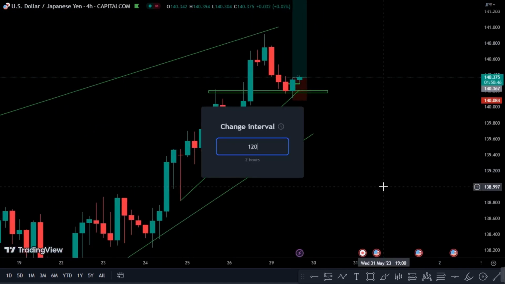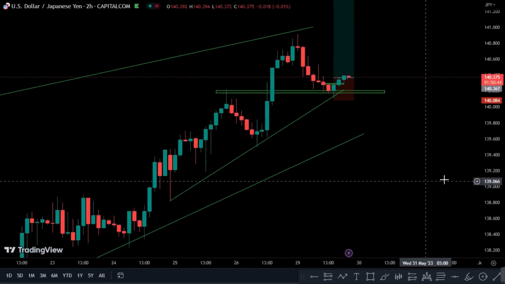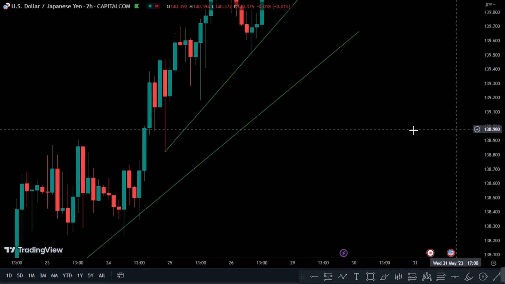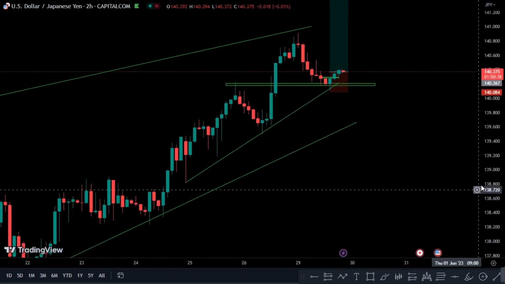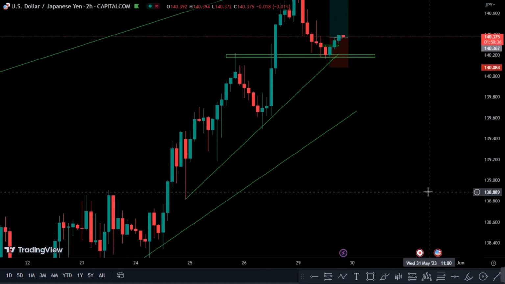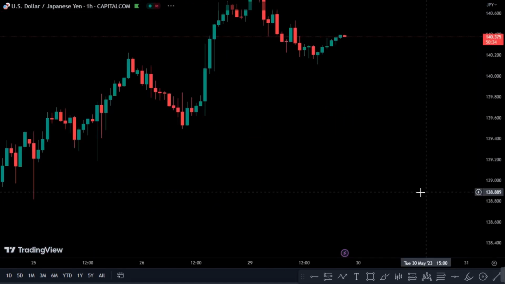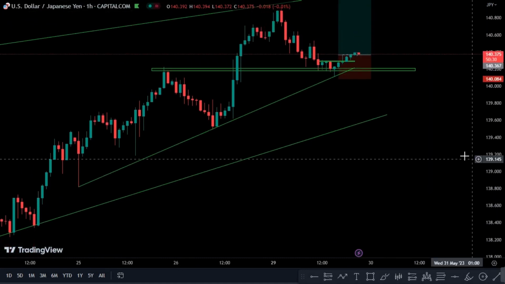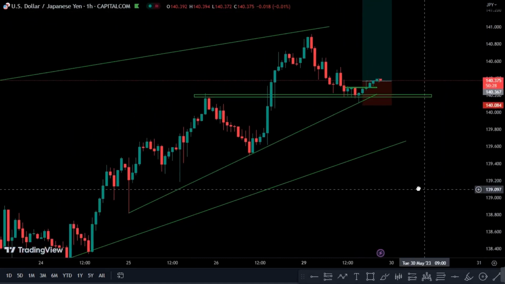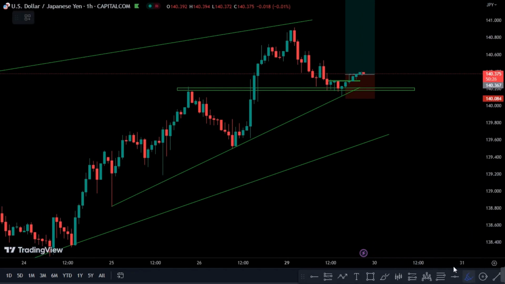So you have seen our analysis on higher time frames, and this is our 2-hour time frame. Let's switch to a smaller time frame so that I can explain properly how we got into this trade using the same strategy that I explained to you guys.